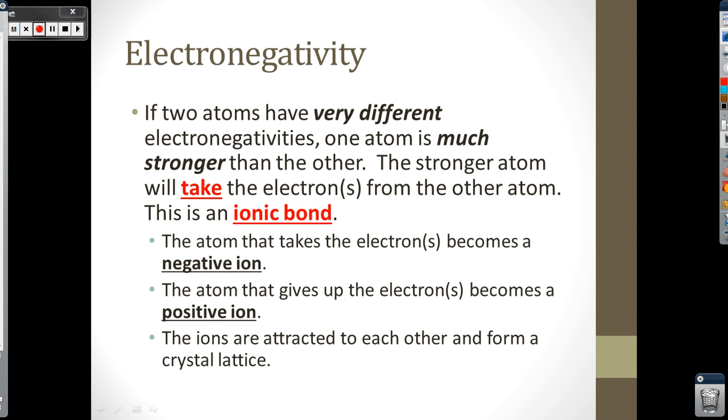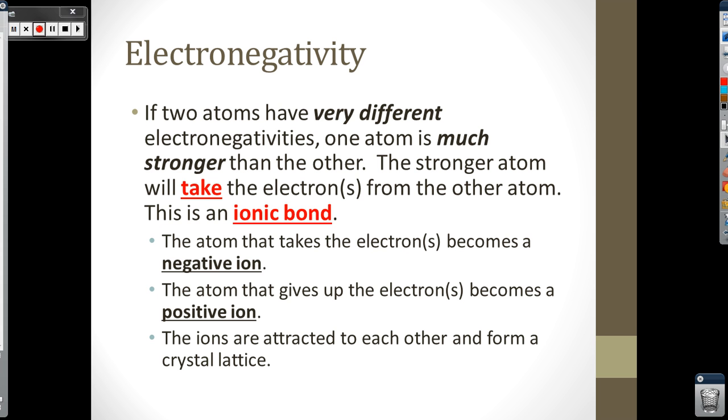Okay? If two atoms have very different electronegativities, it means that one atom is much, much stronger than the other. And so the stronger atom is going to be able to just take the electron away from the less electronegative atom. This is an ionic bond because what's going to happen is we're creating two ions. The atom that takes the electron becomes a negative ion because now it has one more negative charge than positive charge.